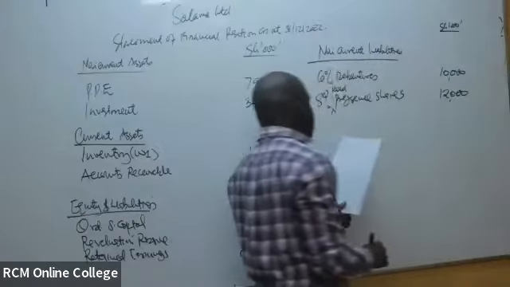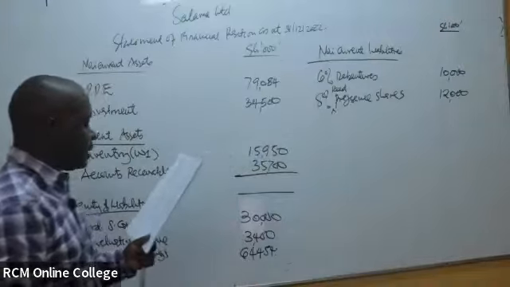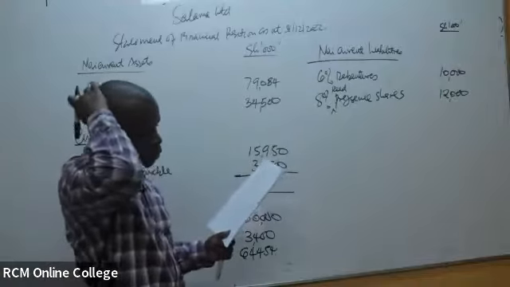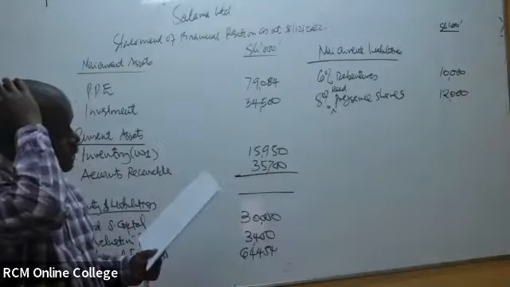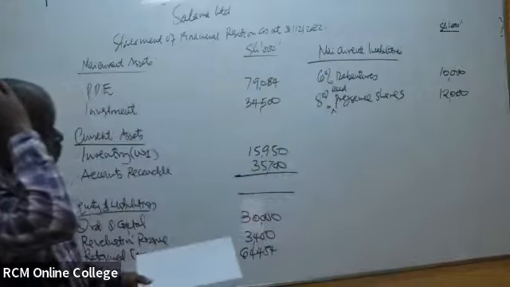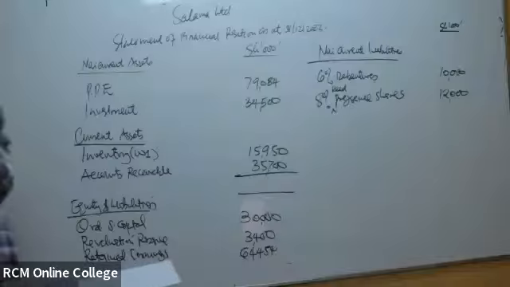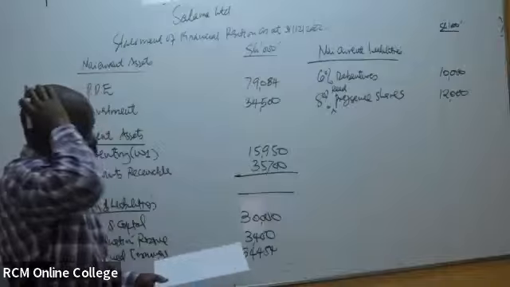You can always look at the credit side of the trial balance to see if there's any other item of non-current liability that you can identify. Which other item do you think we'll end up including here as a non-current liability, apart from the 6% debentures and the 8% redeemable preference shares?